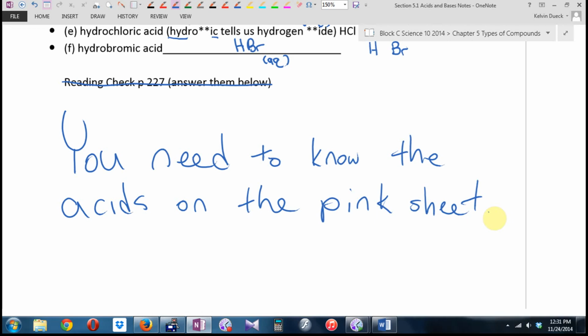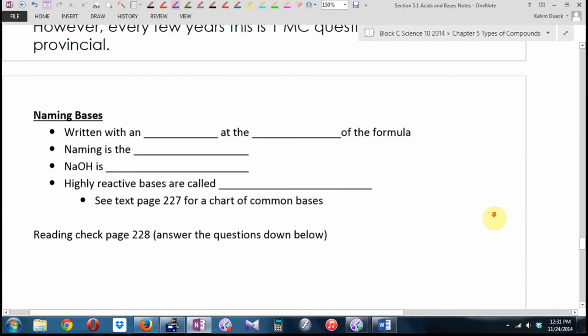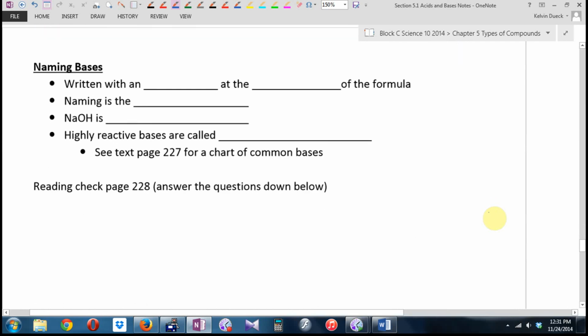So, key idea, how do you recognize it's an acid? What does an acid start with? H. And H is also, when it's an ion, like a proton. It's a +1. What would a base contain? A base would have to contain a -1 charge somewhere because acids and bases are opposites. So if you turn the page to naming bases, here we go.